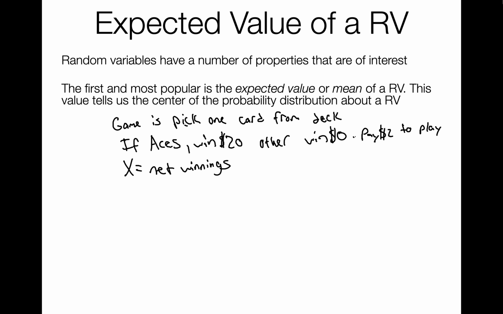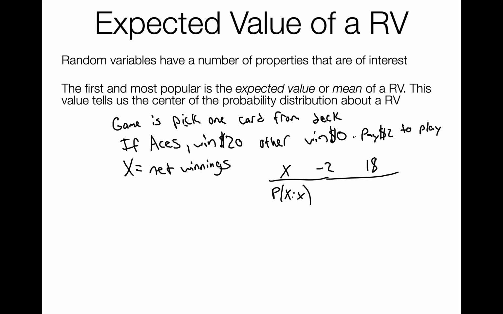And so X has two possible values. I could play the game and lose, and thus my net winnings would be negative $2. Or I could play the game and win, and so my net would be positive $18.